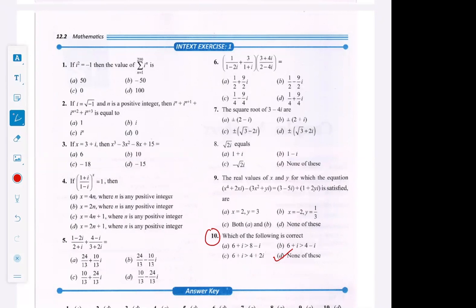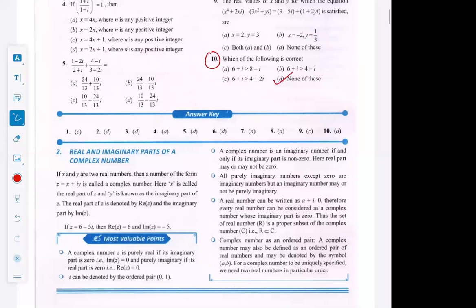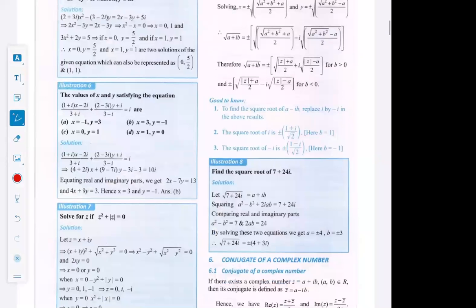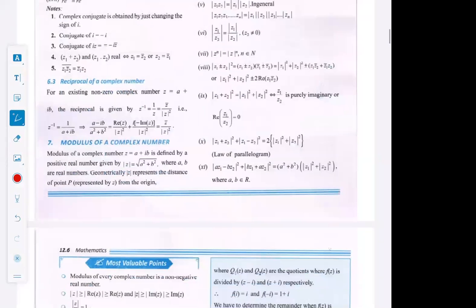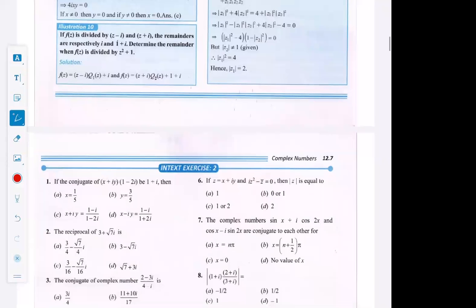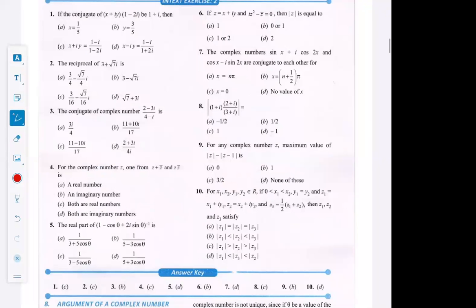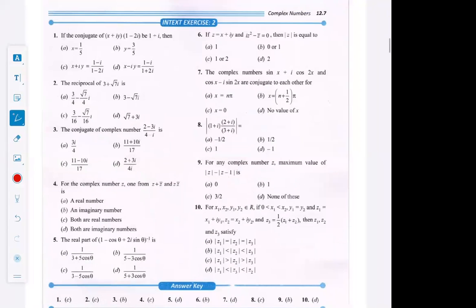So I hope you have completed this one. Now please share your doubt from text 2. So let me know your doubt from text 2.